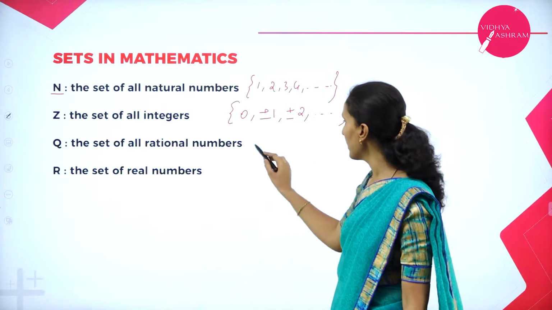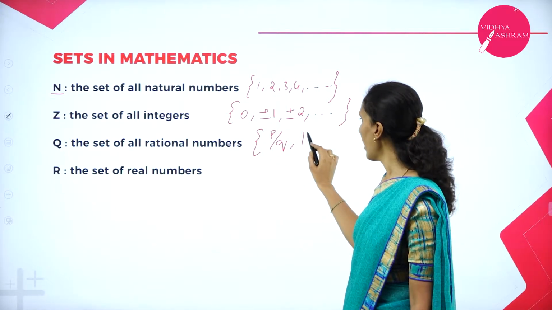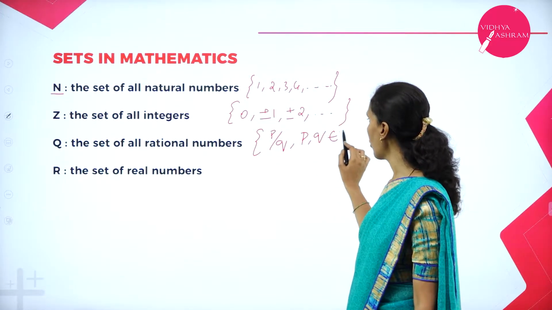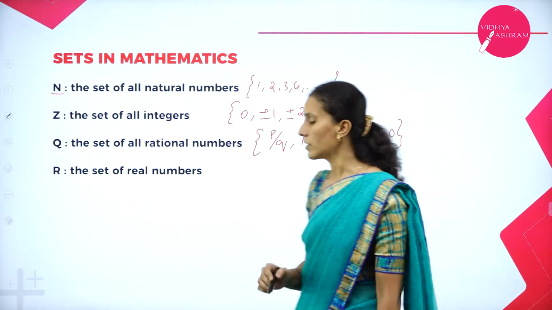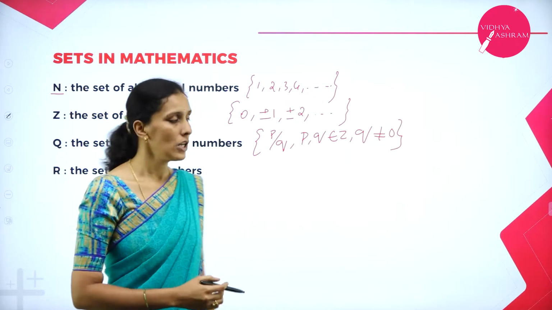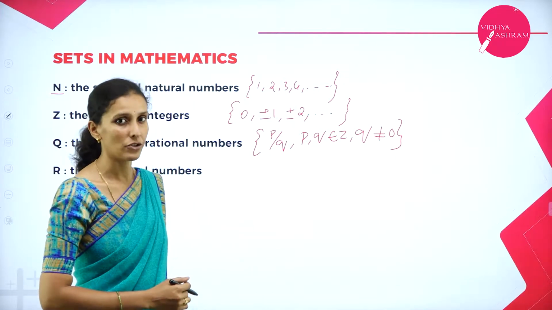So rational numbers are represented in the form of p by q, where p and q belong to the set of integers and q is not equal to 0. So this is the condition for rational number. So any number of the form p by q will form a set of rational numbers.